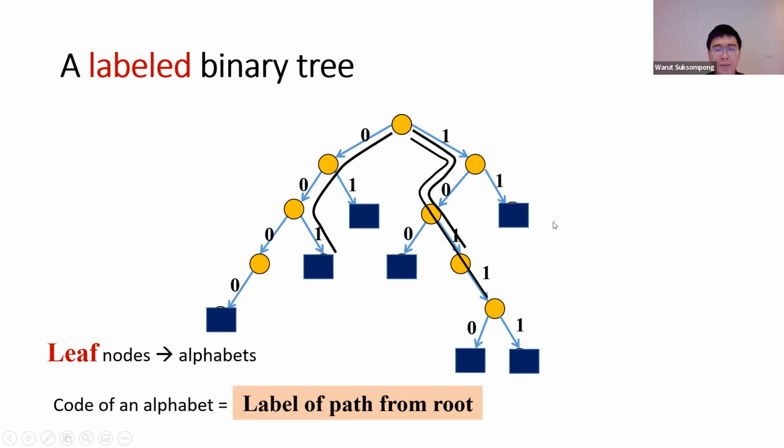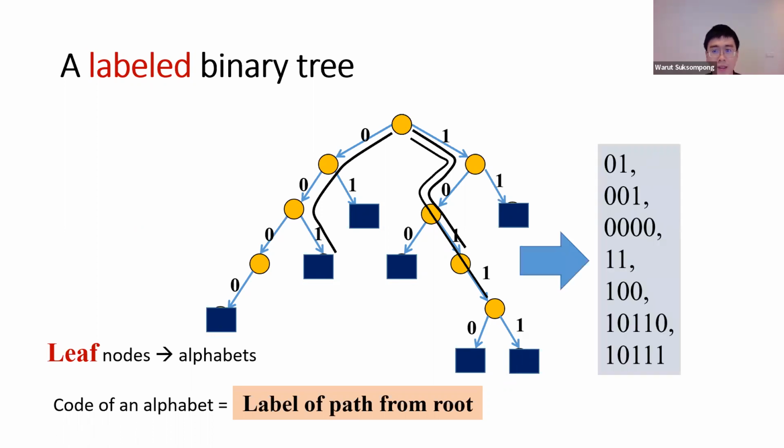You can see that if you just use the leaves as letters, then you're not going to run into a problem of prefixes, because no two leaves lie on the same path, so you won't have one code being a prefix of another code. So that's good so far.